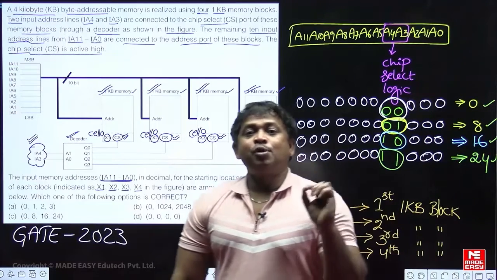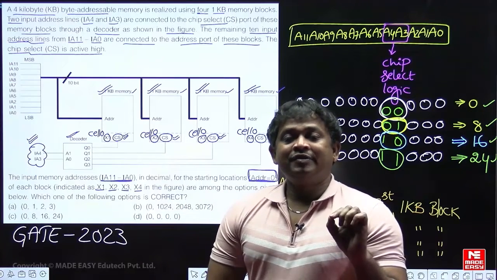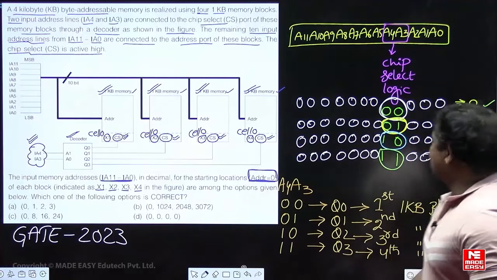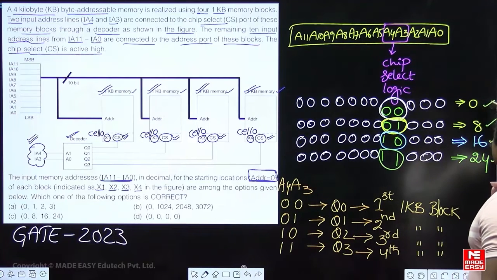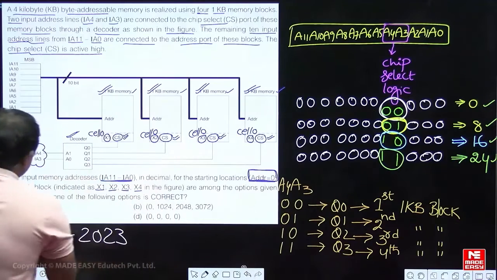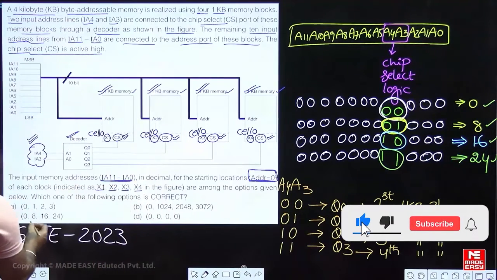So from each block we are going to access the data with starting address all zeros. Okay, so decimal number sequence with respect to those addresses are 0, 8, 16, 24. Okay, so in this question, if you see the options, correct option matching is 0, 8, 16, 24, this one.